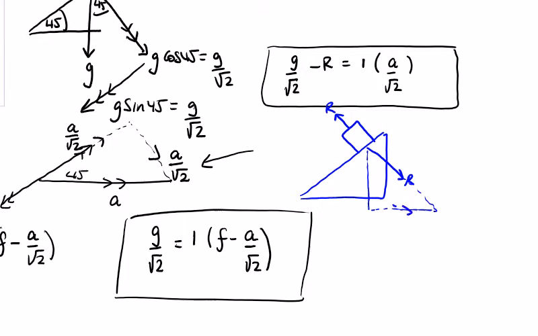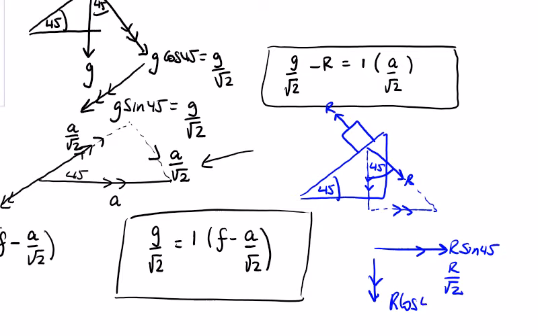So along this direction I have my angle of 45. I'm going to have R sin 45, which is R over root 2, and in this direction here R cos 45, which is also equal to R over root 2.